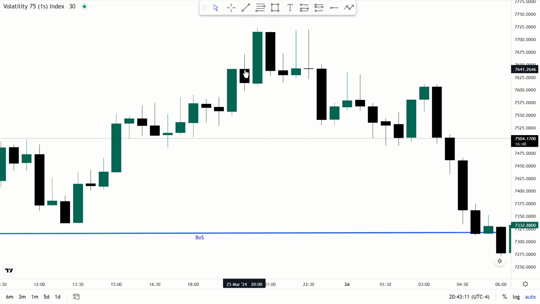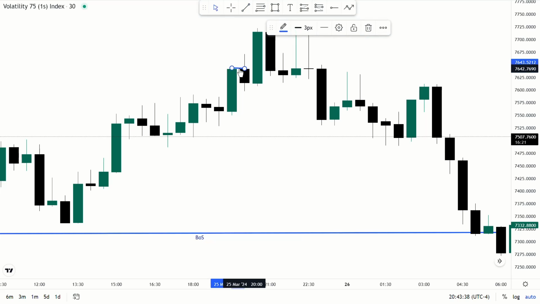The market just opened, went up, and then the body went down and closed below the opening price. This high right here was just swept, and then the market closed just below it.